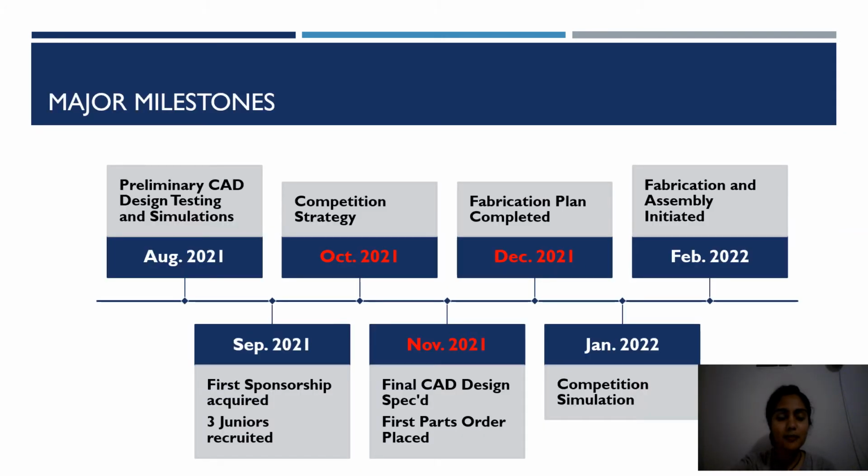One major milestone for Term 7 was to have a preliminary CAD design ready for testing and simulation. However, due to our recent change in approach for the design of the CAD model, that is using the FBDs as initially mentioned by my colleagues in the earlier presentation, we do anticipate a delay in the initially laid out timeline.